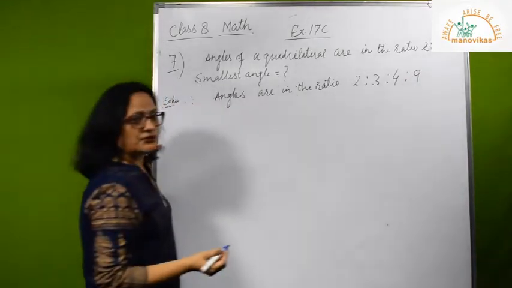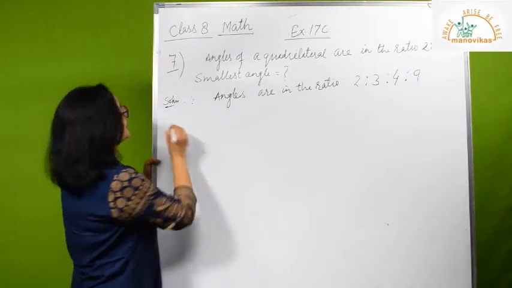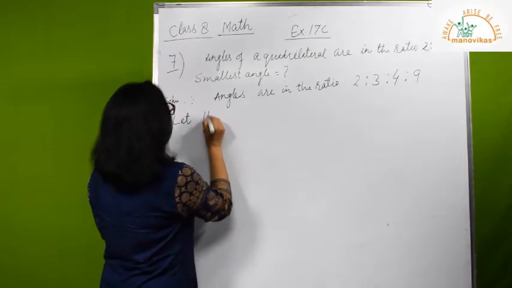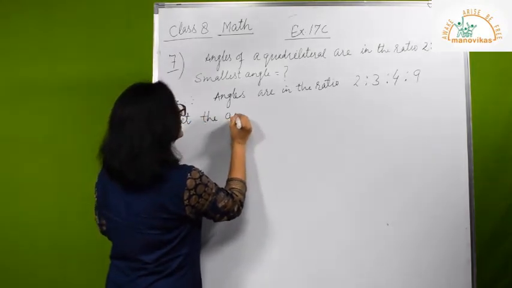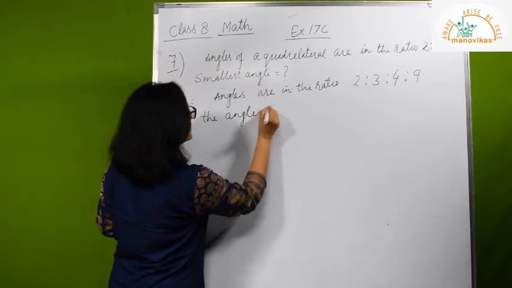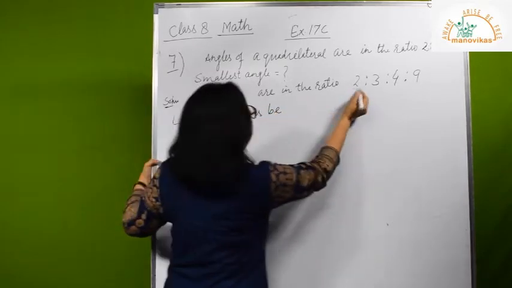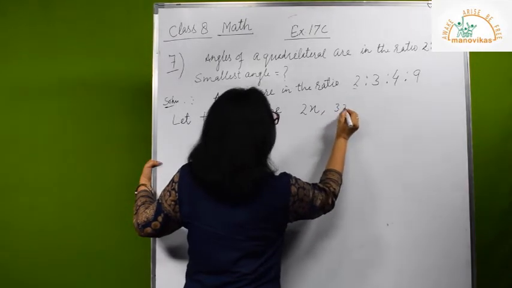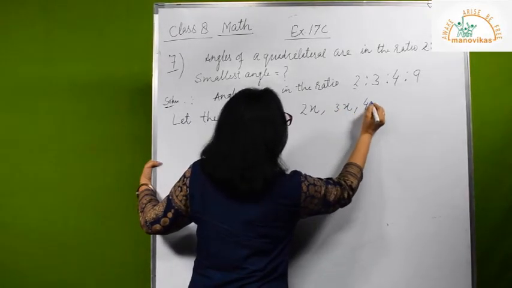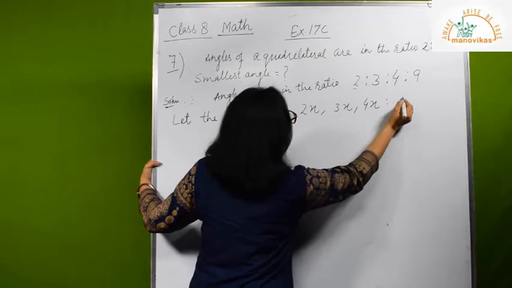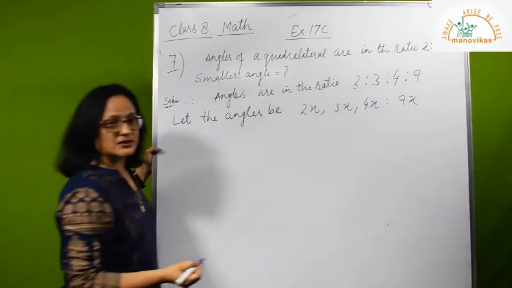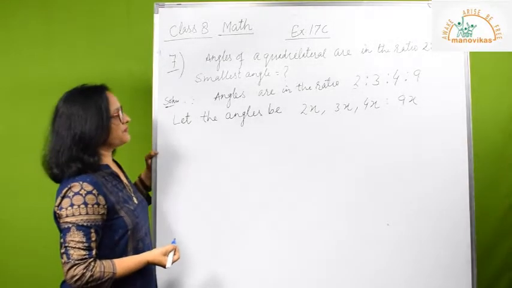These are the 4 angle ratios. So let's convert it into variables. Let the angles be, for 2 it will be 2x, for 3 it will be 3x. Same variable you have to use for all the ratios. So these are the angles of a quadrilateral in variable form.